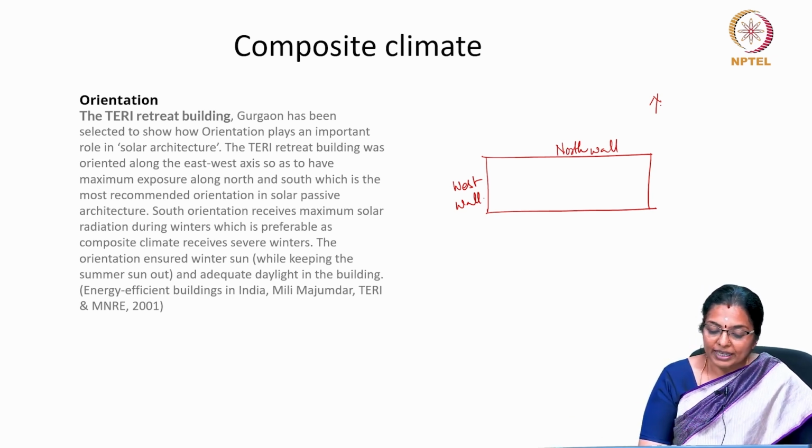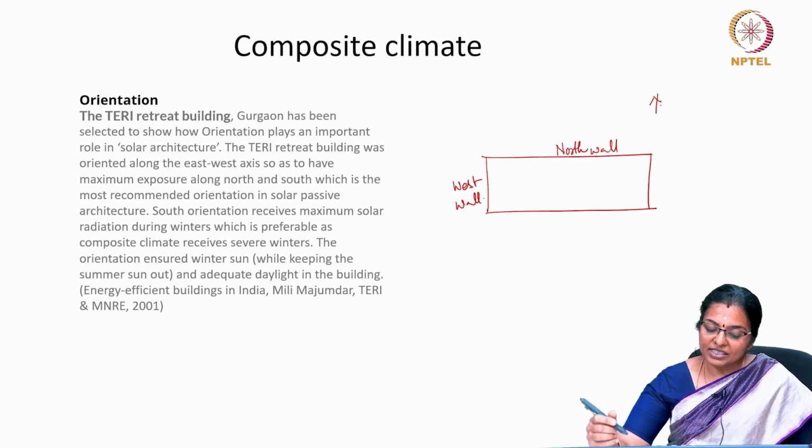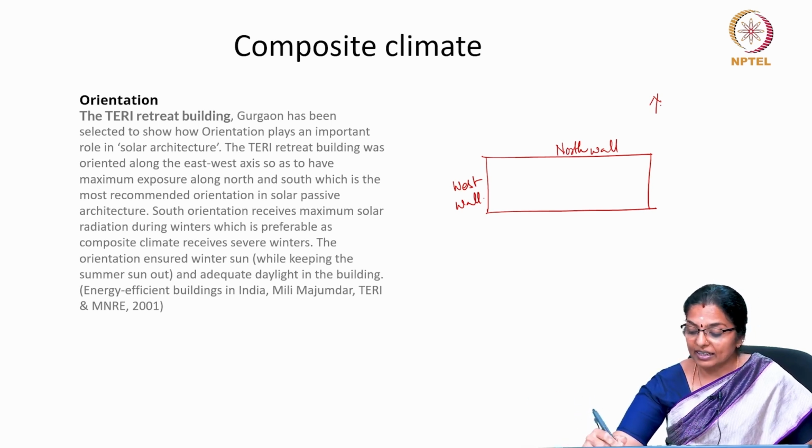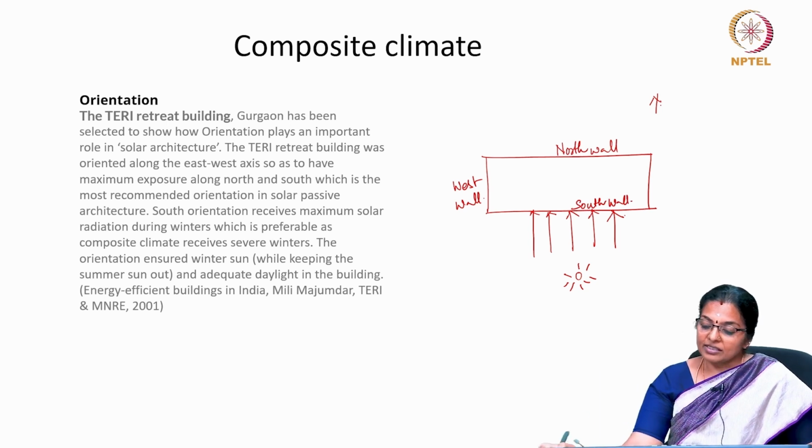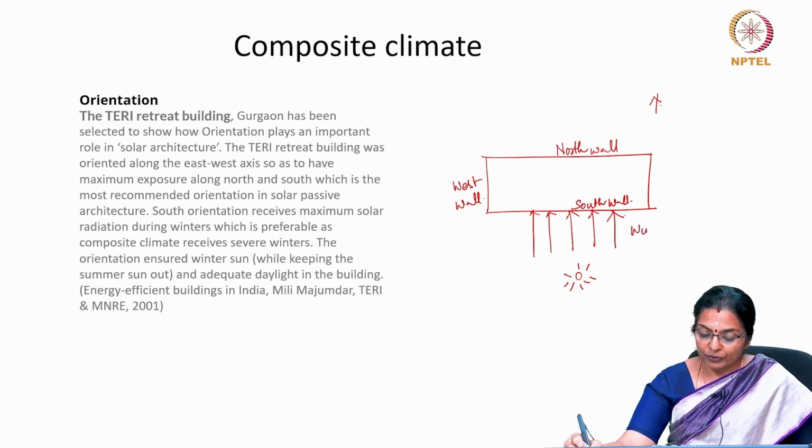The south orientation receives maximum solar radiation during winters, which is preferable as composite climates become very cold during winters, and at that time solar radiation is very high along the south wall, and this is during the winters.